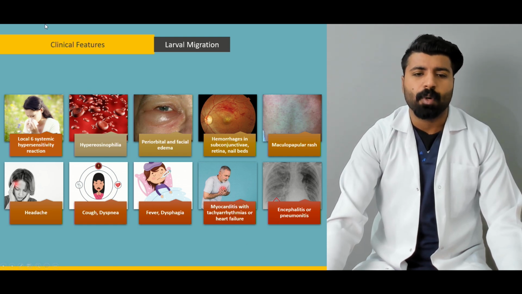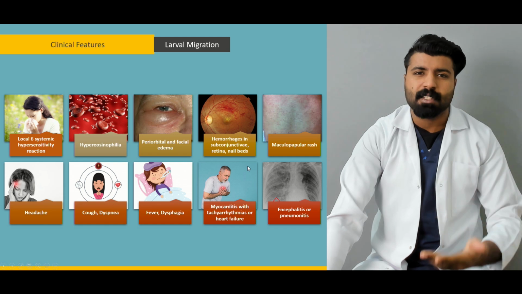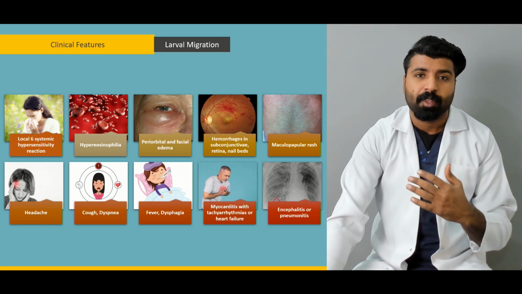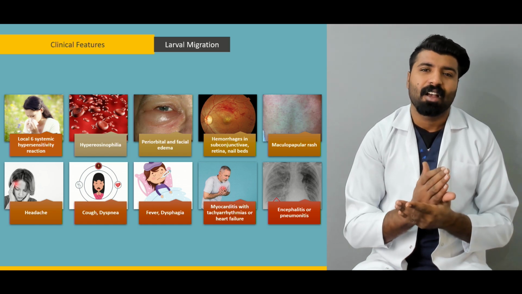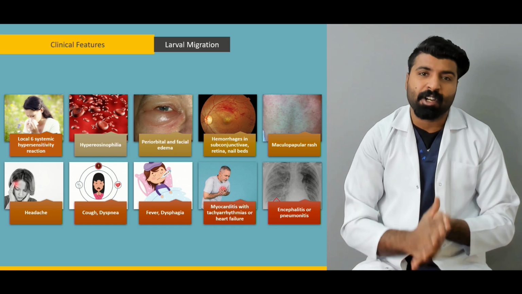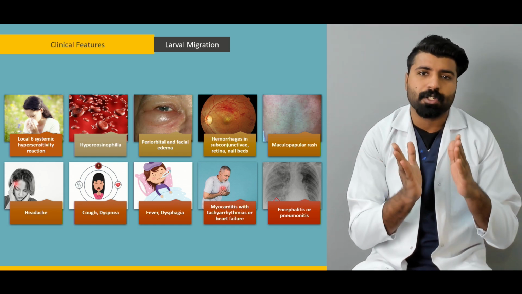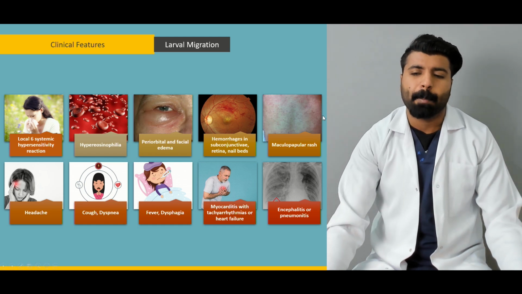What we have learned in this slide is the basic areas these larvae are going to migrate into and cause infection, and those clinical features will come on the basis of these larval migrations. If they have migrated towards your skin, you're going to have maculopapular rash.